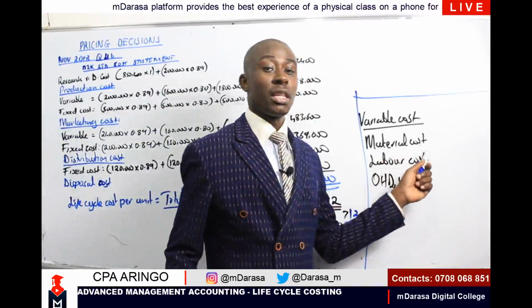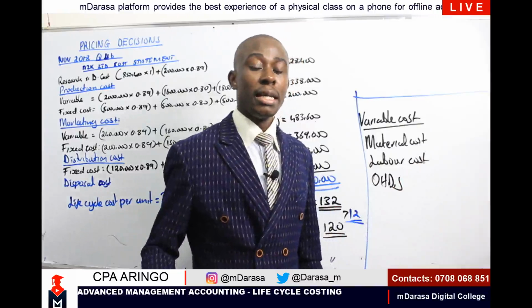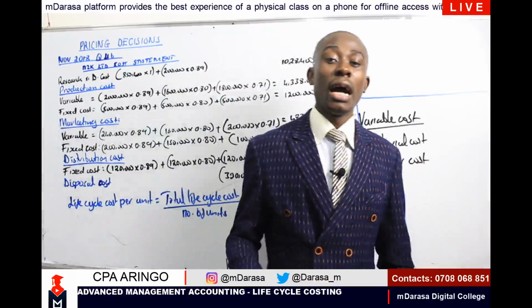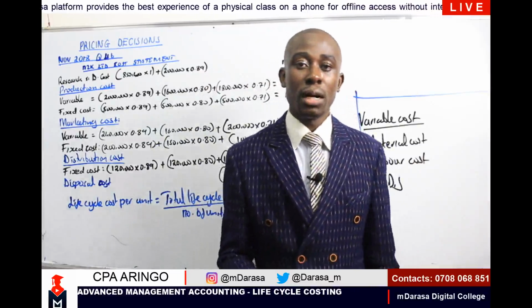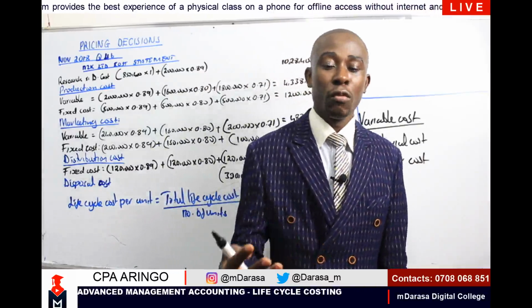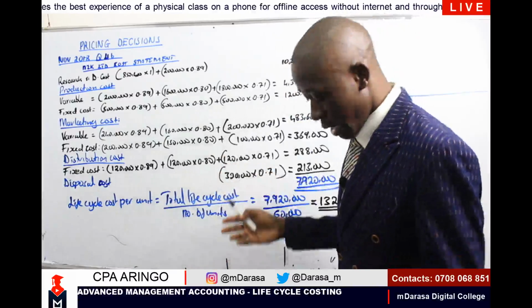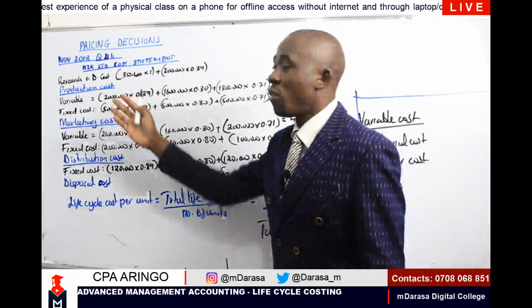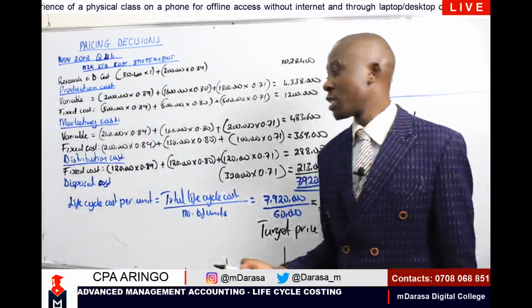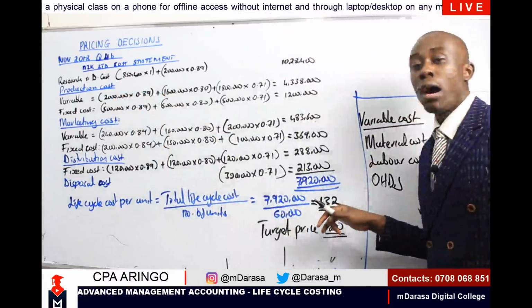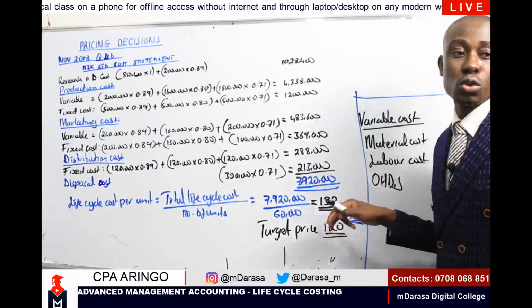Instead of using the materials that we've used, we can seek alternative, cheaper materials. Because if we use cheaper materials, it's going to reduce our variable cost, and as such, that will also reduce our life cycle cost.